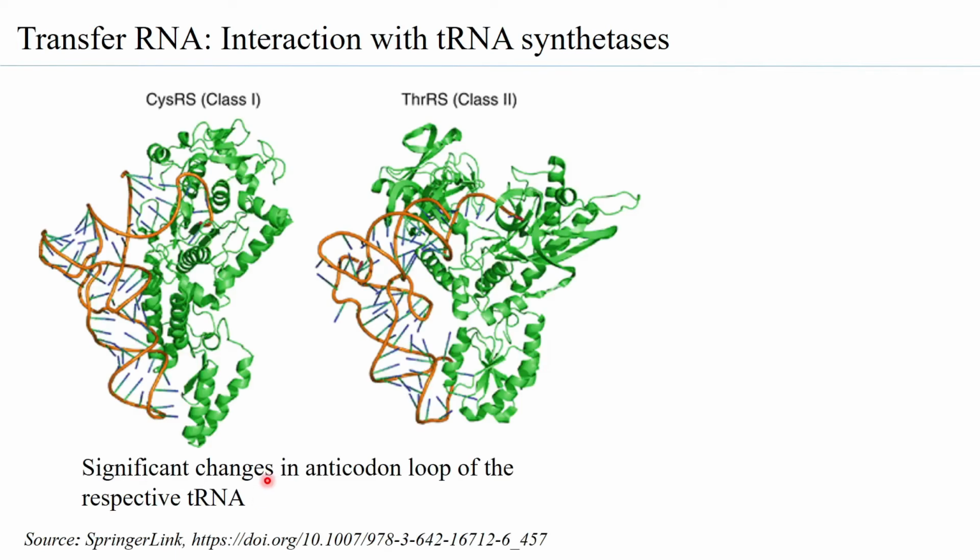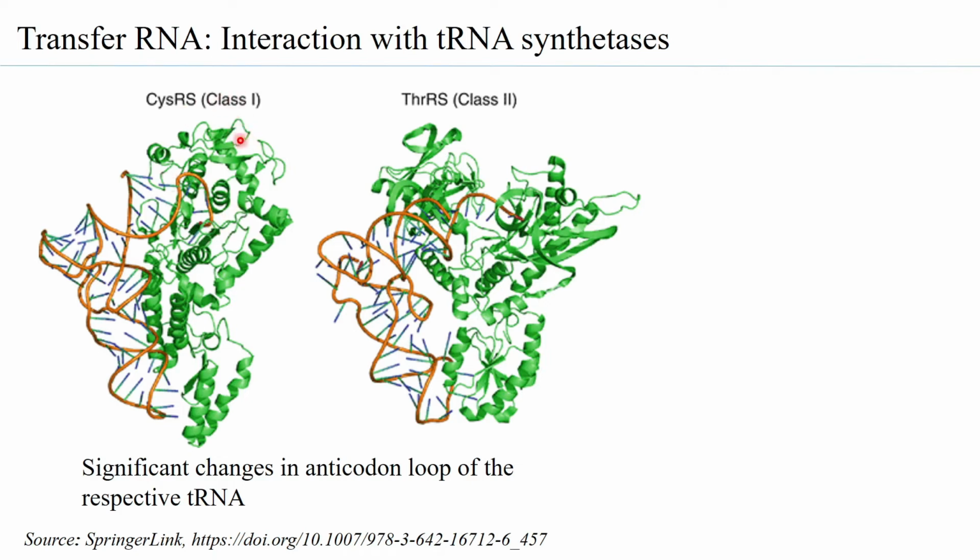So what is important to note is there are two classes of amino-acyl tRNA synthetase, that is class 1 and class 2. In this, the example is of cysteine tRNA synthetase and threonine tRNA synthetase. This is a class 2 amino acyl tRNA synthetase, and this is a class 1 amino acyl tRNA synthetase.